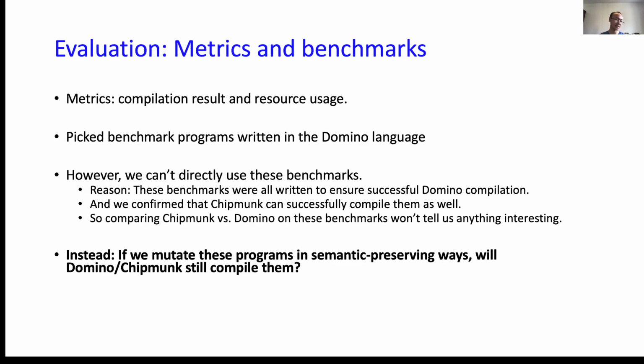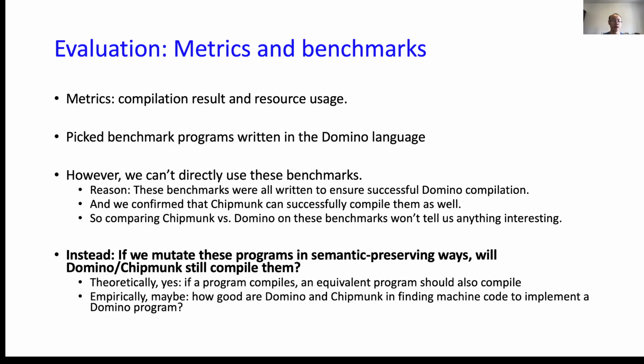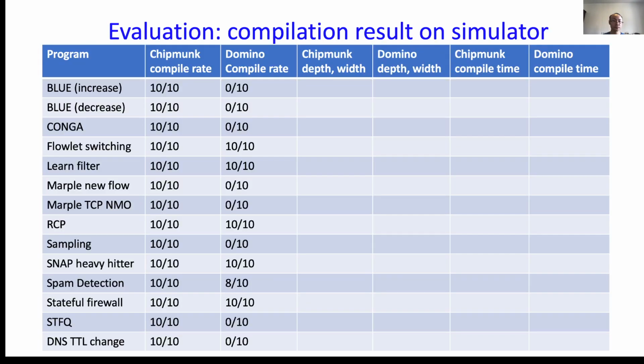But we really want to ask this question: if you mutate these programs, will Domino and Chipmunk still compile them? Theoretically, the answer is yes, because if a program gets compiled, an equivalent program should also have the same result. But empirically, it totally depends on how good Domino and Chipmunk are at finding machine code to implement a Domino program.